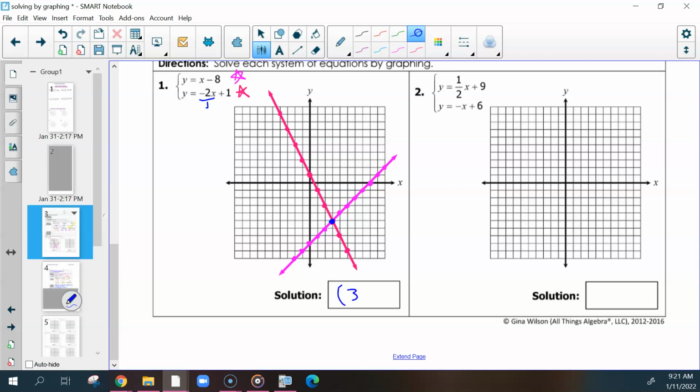So you would put that in parentheses to show your solution. Do we have any questions on how we found that answer, graph the lines?